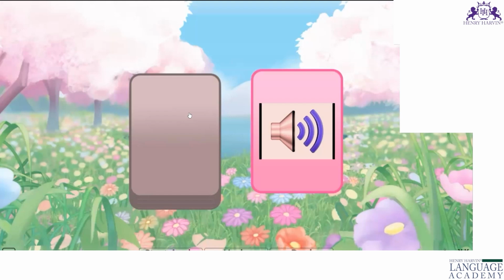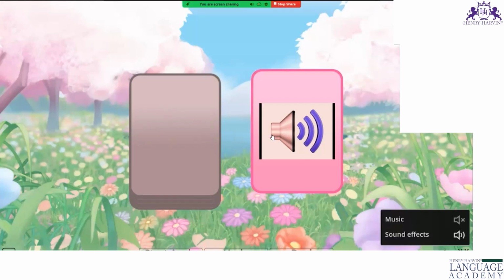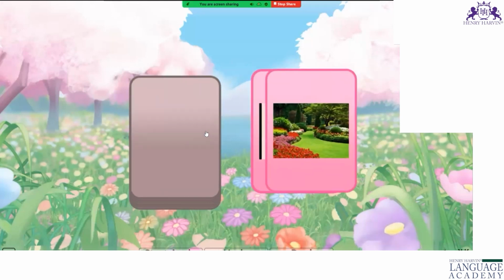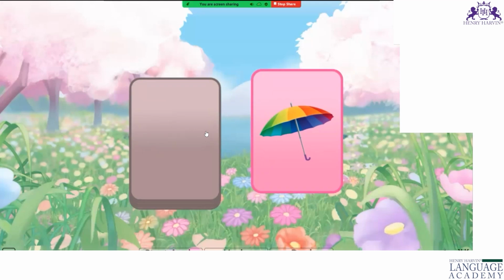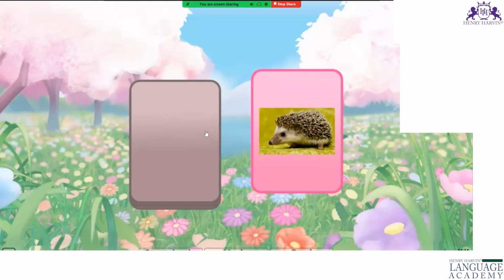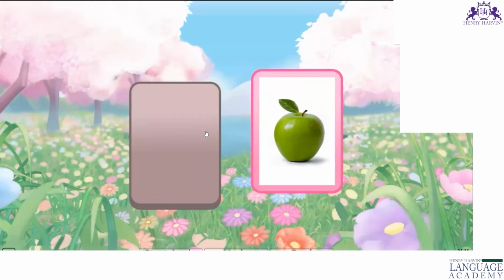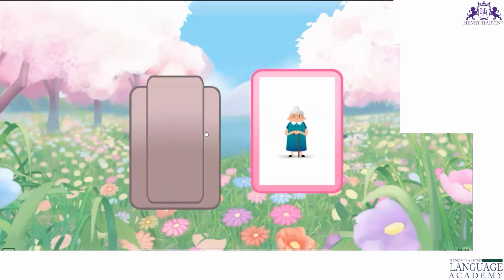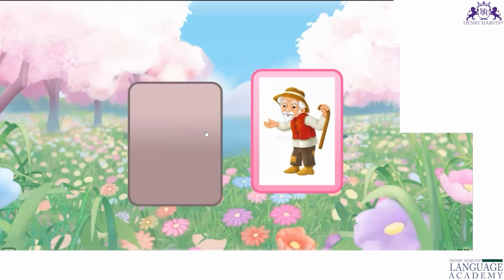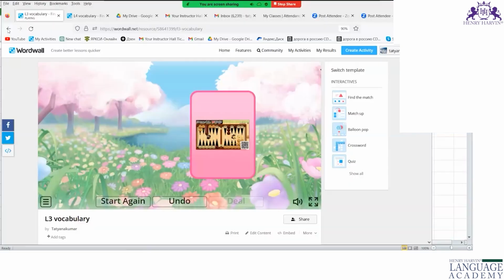Ручка. Звук. Да, вот звук. Сад. Зонт. Ёж. Not the word of the first importance still. Яблоко. Бабушка. Дедушка. Игра. Игра, game. Ага, да, игра.